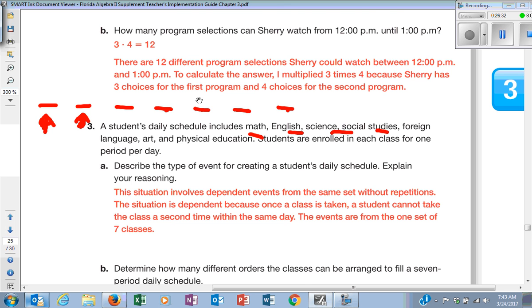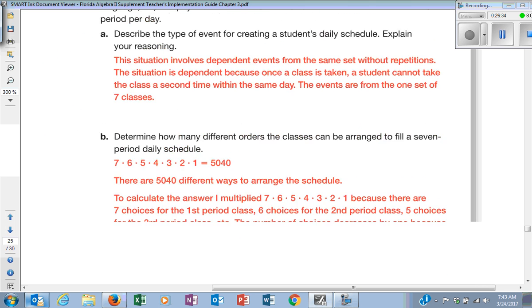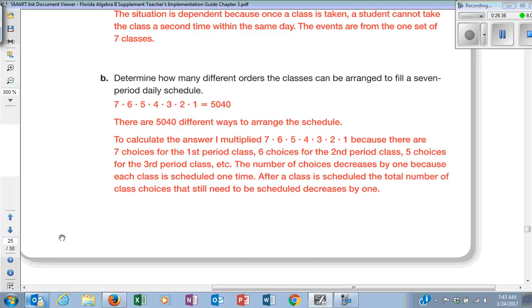Correct? And so if you multiply that out, there's 5,040 different ways of scheduling one student. Does that change your mind on how tough that must be to go through as a guidance counselor? One student, there's 5,040 different ways of arranging their schedule.